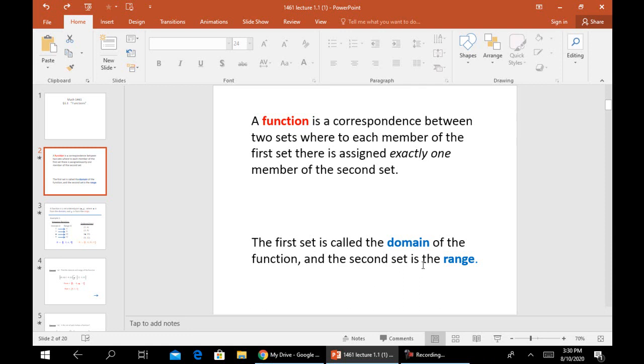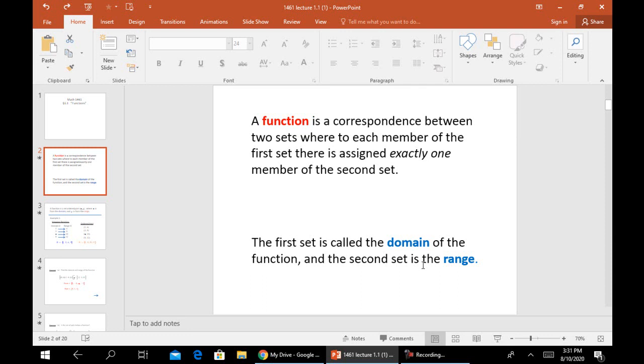So what is a function again? A function comes with two sets. One set is called the domain and the other set is called the range. And every element of the domain is assigned exactly one element of the range.